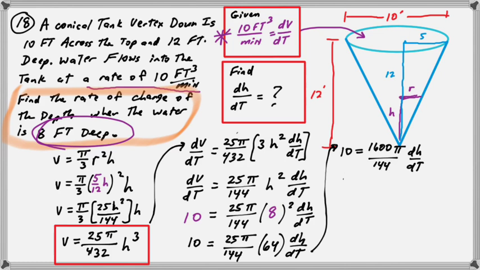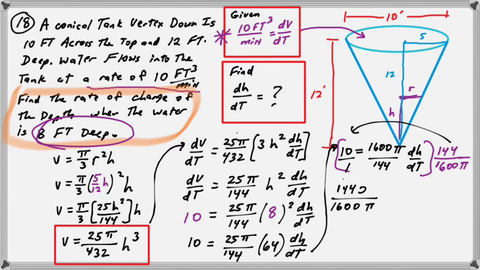Okay, at this point I'm going to multiply by the reciprocal to get dh/dt, so that's 144 over 1600 pi. When I do that, top times top is 144 with another 0, right? On bottom you get 1600 pi, and these cancel, leaving you dh/dt.